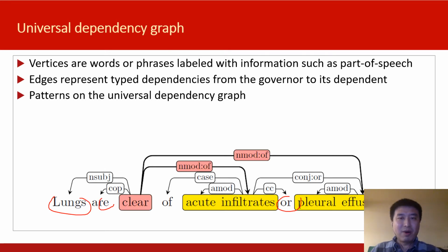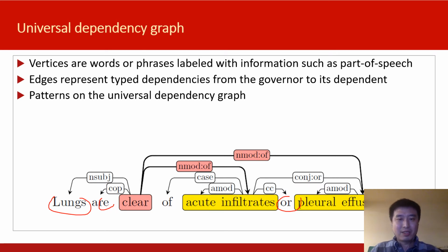After we get the graph, we can define patterns to differentiate the positive, negative, and uncertain findings. For example, we can define a pattern "clear of something," and we apply the pattern on the graph. We find that the pattern matches two phrases at the same time.